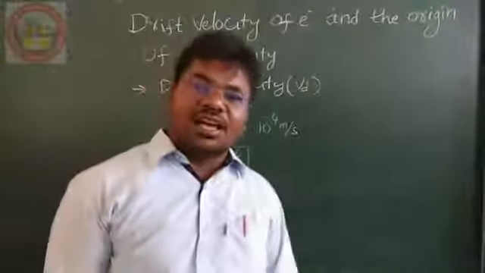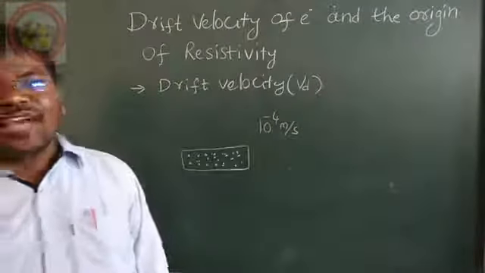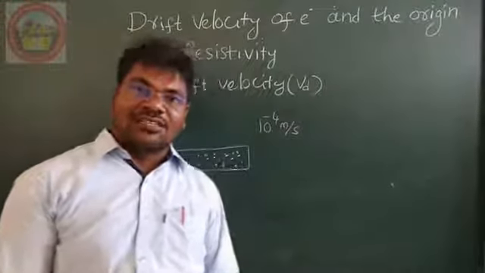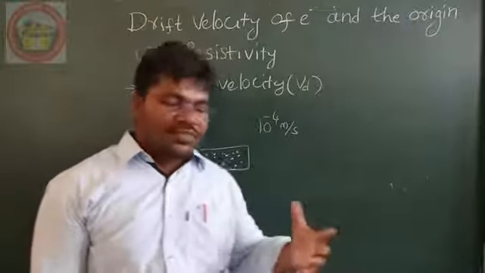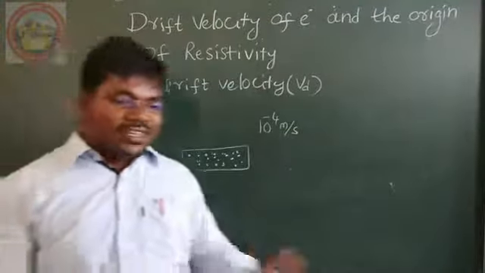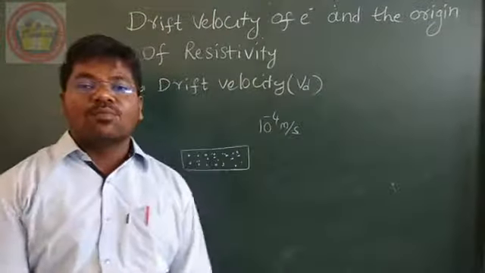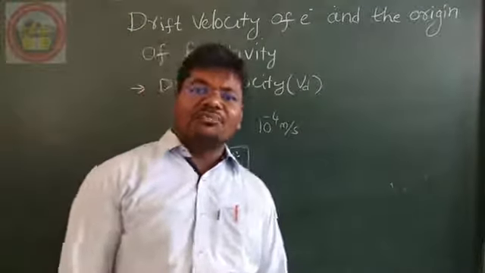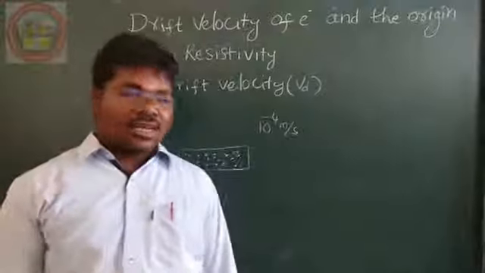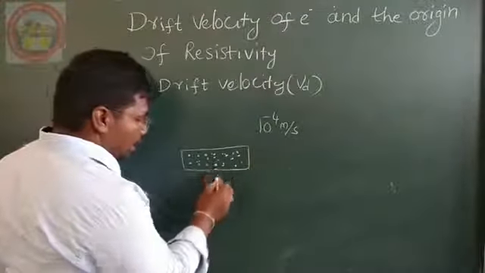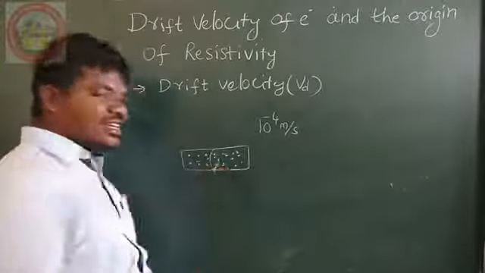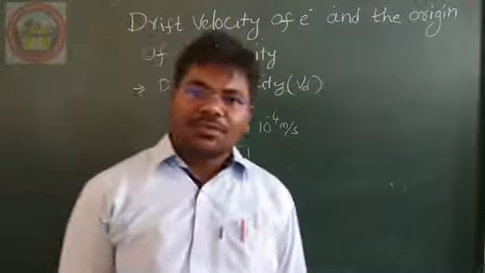These free electrons are moving in random directions inside the conductor. Random motion means zigzag. Consider a point and a cross-section area.